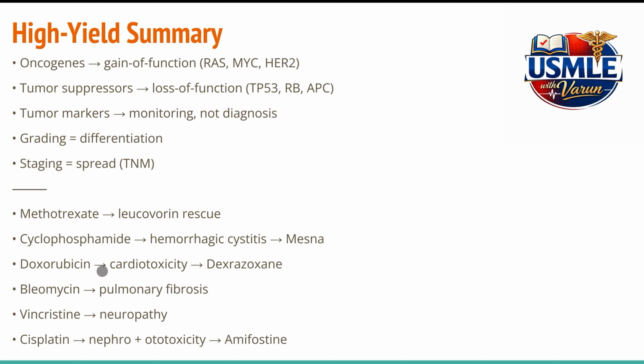Doxorubicin is concerned with dilated cardiomyopathy, cardiotoxicity, and the preventive drug is dexrazoxane. Bleomycin could cause pulmonary fibrosis. Vincristine is concerned with peripheral neuropathy as a side effect, and cisplatin could cause nephrotoxicity and ototoxicity. And the preventive therapy that we have to use alongside cisplatin therapy is amifostine.